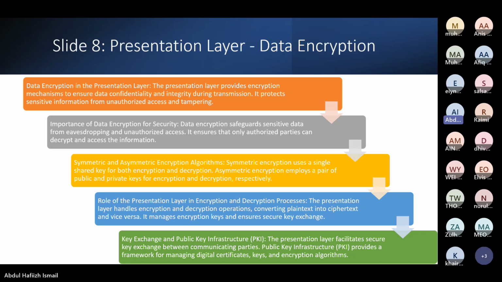So by encrypting data, it is transformed into an unreadable form known as ciphertext using encryption algorithms. So this ensures that even if the data is intercepted, it remains unintelligible to unauthorized individuals.